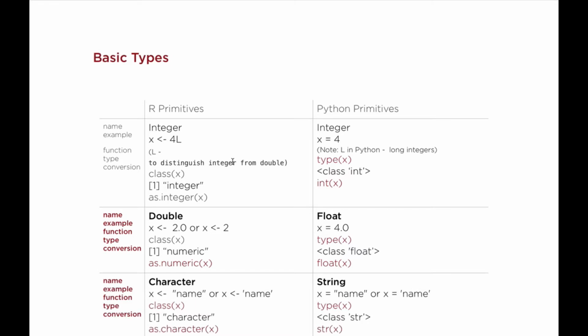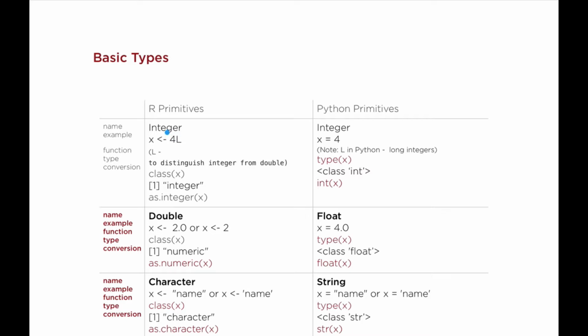Let's look at data primitives in both R and Python, which I hope you will be doing more often, and you will be very versed in both languages. On the left, we have R primitives, and on the right, we have Python primitives. The first basic type for both is integer.